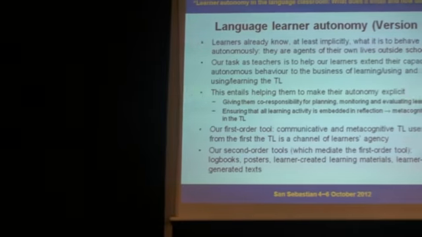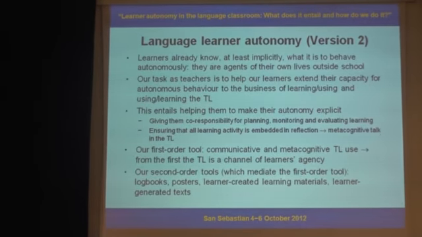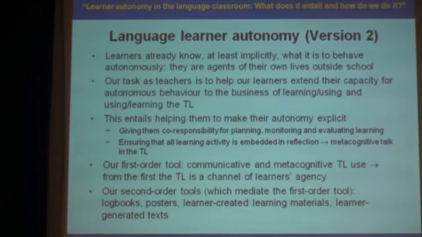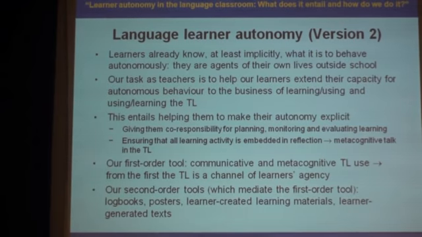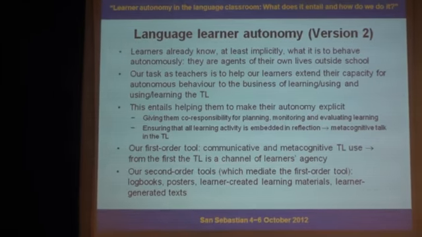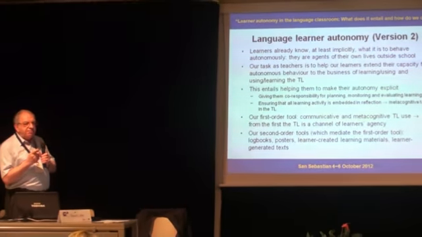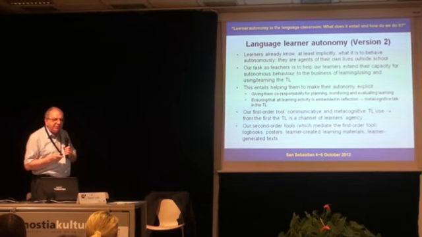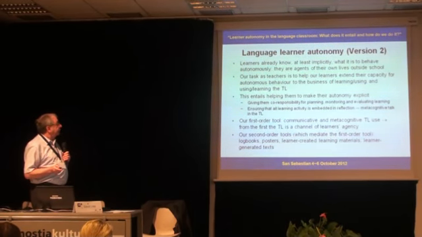And our second order tools, which mediate the first order tool, which make that first order tool a reality, are things like logbooks and posters, learner-created learning materials, learner-generated texts, and so on. The skillful introduction and use of those tools and activities are what makes it possible for learners precisely to be agents of their own learning through the target language.